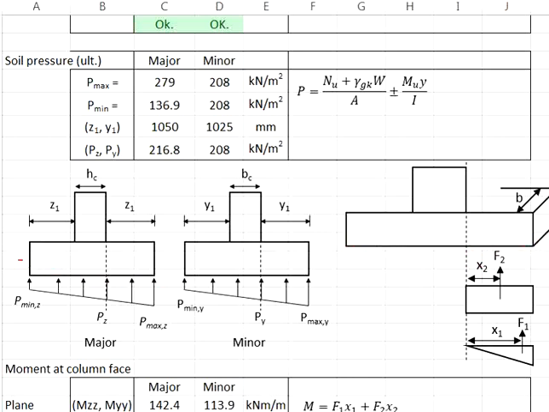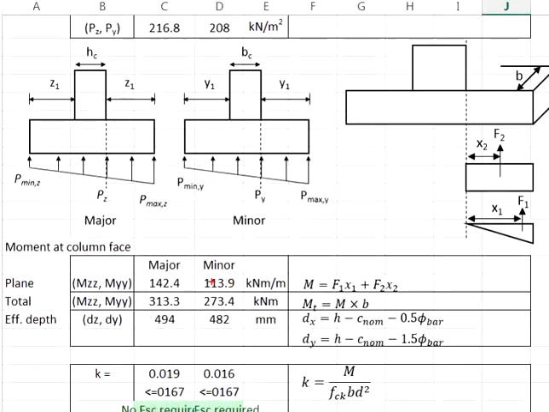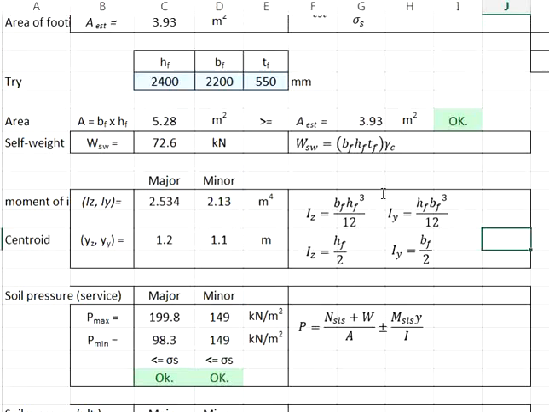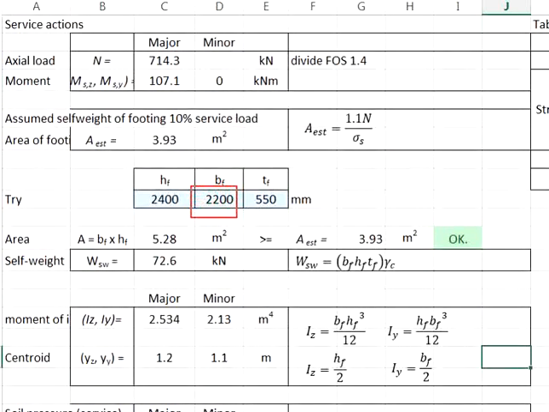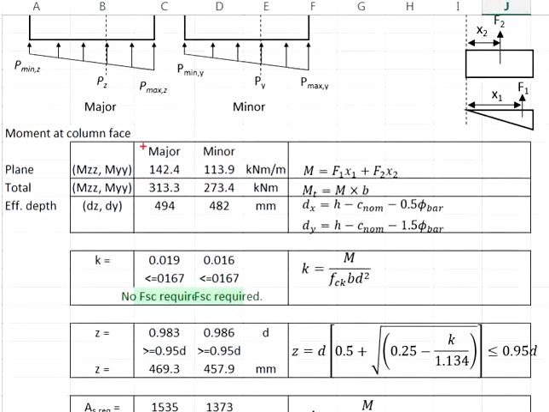The soil pressure will be something like this. Now, the moment here will need to be multiplied with the width of the pad footing, which in this case, the B, will be 2.2 meter. This is as far as the major axis is concerned.